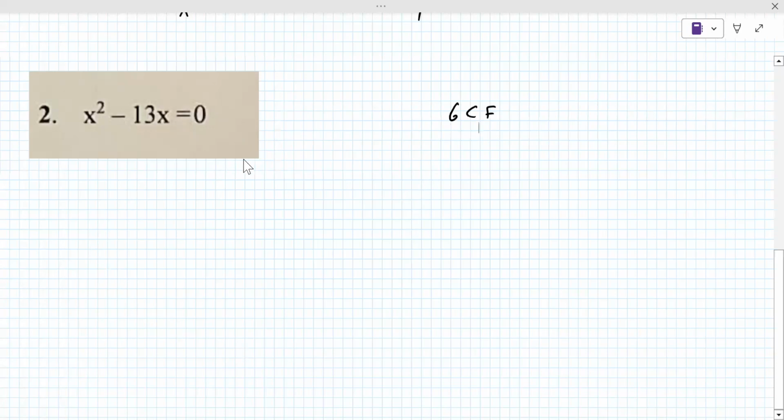Yes, B can equal 0, but in this problem, the A is 1 and the B goes in front of the x. So you're right though to think that this is not the same as the last one. It's got x and x. That tells you GCF. Two terms.